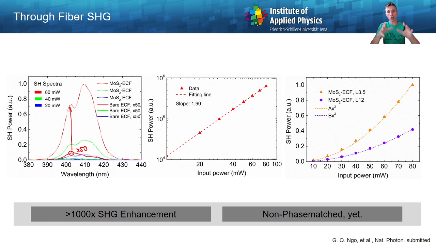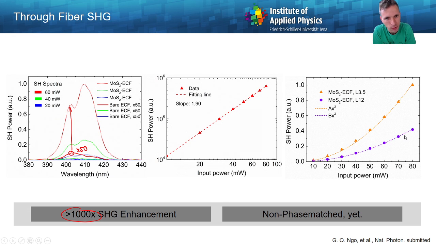So all in all, with this fiber, we have achieved a more than 1,000-fold enhancement of second harmonic generation. What's particularly noteworthy is that we find this slope of 2 in the center with very, very high precision. But we also find that there's more second harmonic coming out of shorter fiber pieces as opposed to longer fiber pieces.